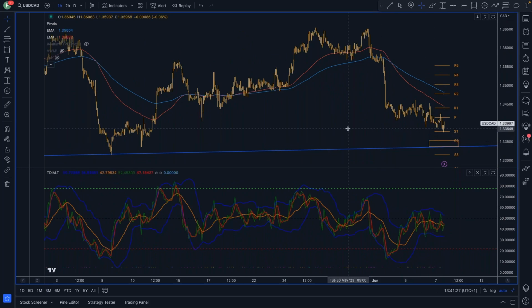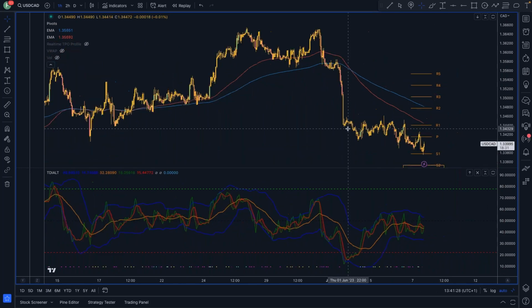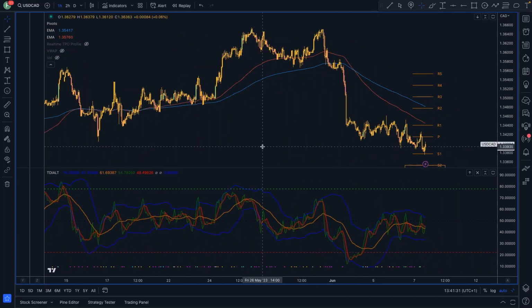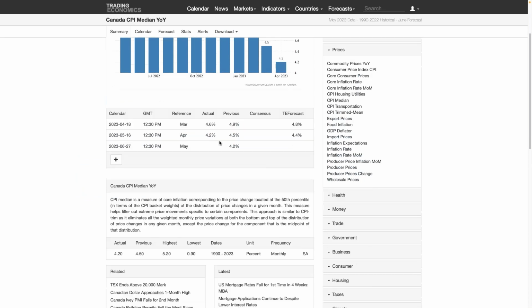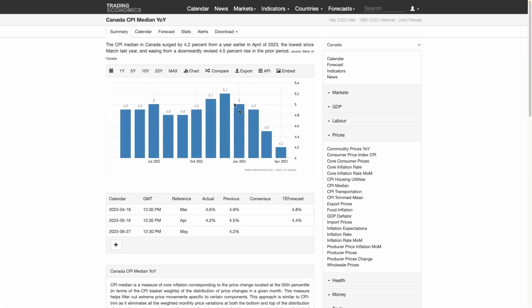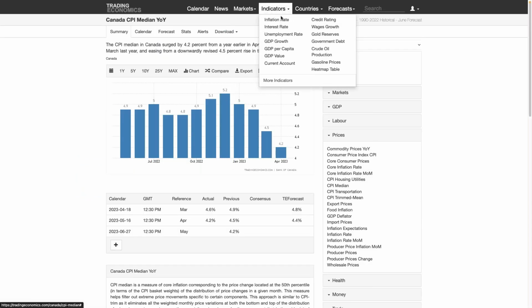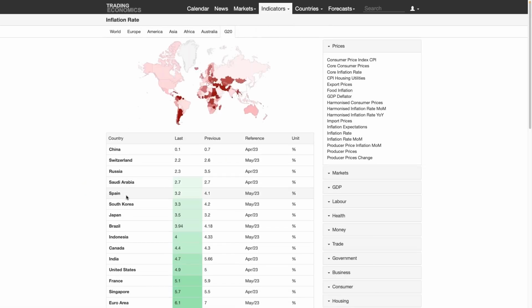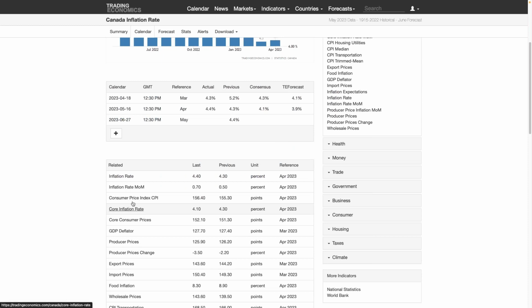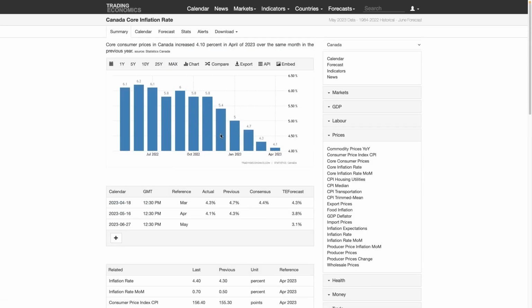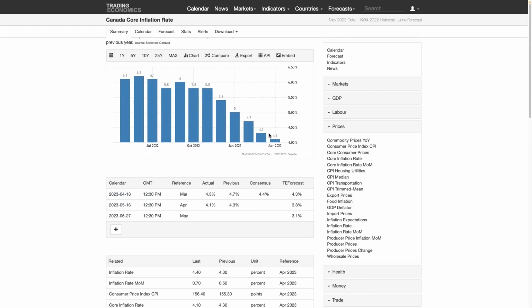Now, my expectation is they're not going to hike. Why do I think they're not going to hike? Because of how inflation is at the moment. You can see that median inflation's falling, the headline inflation's falling, and the core inflation is falling for Canada. And that's pretty good.